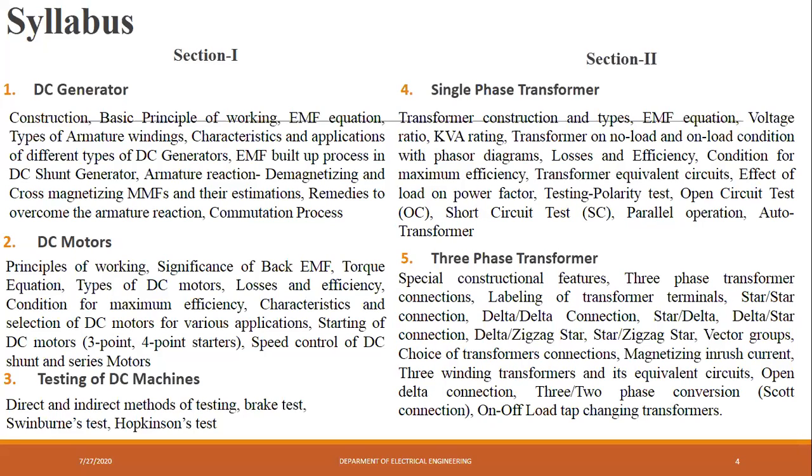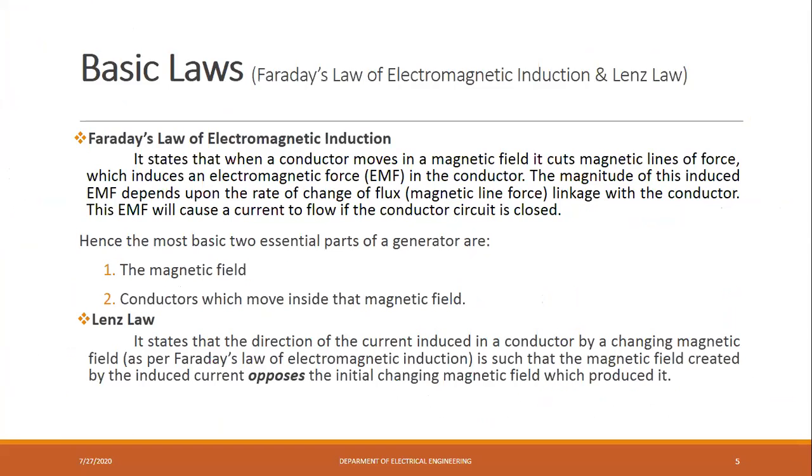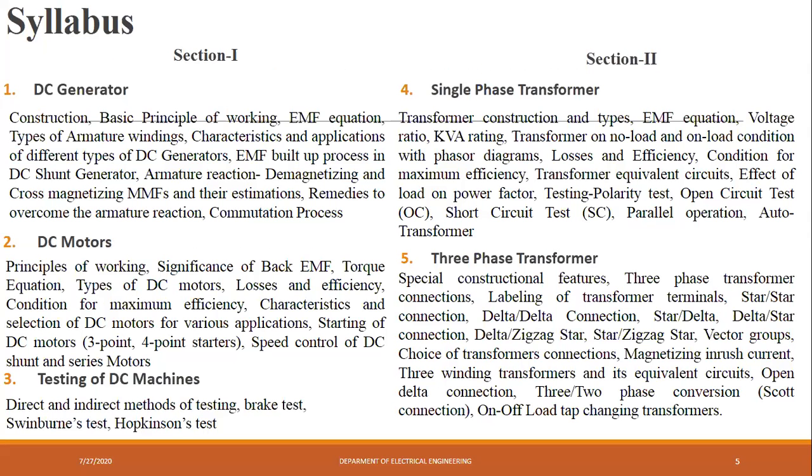Then in the three phase transformer there is the star delta connection, the delta delta connection, the special constructional features of three phase transformers, and how three phase to two phase conversion is done.